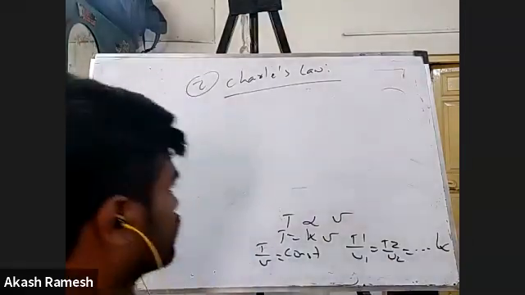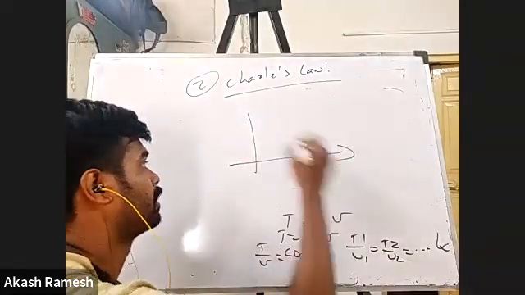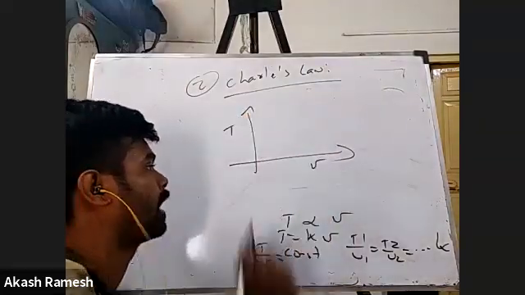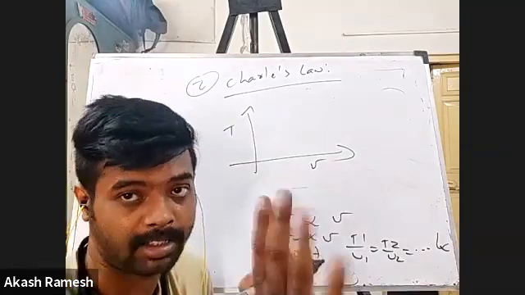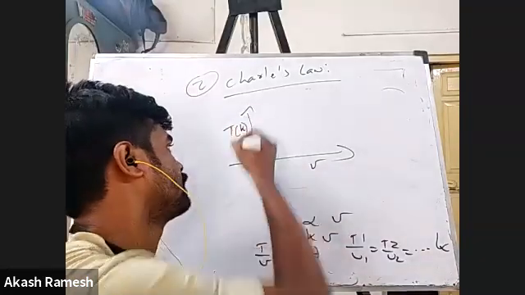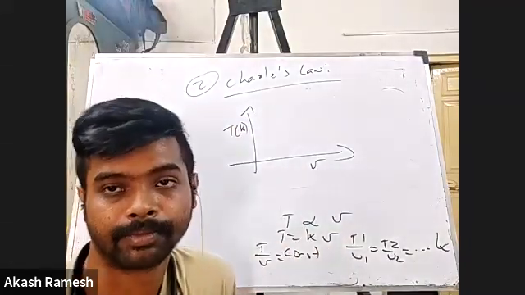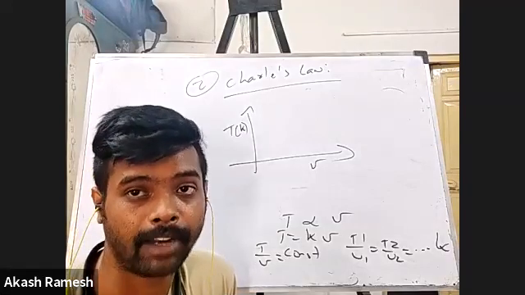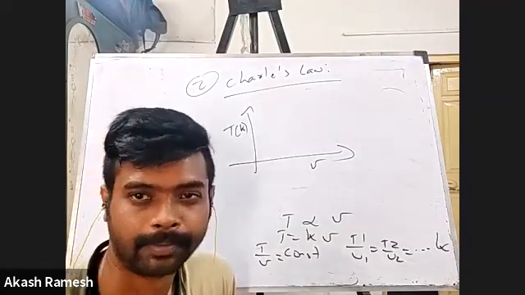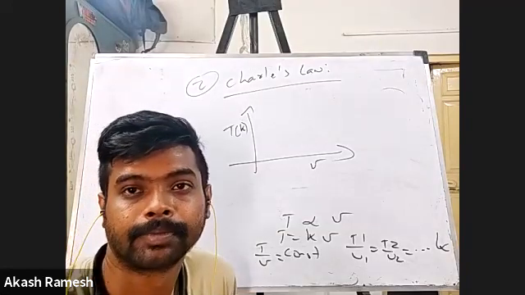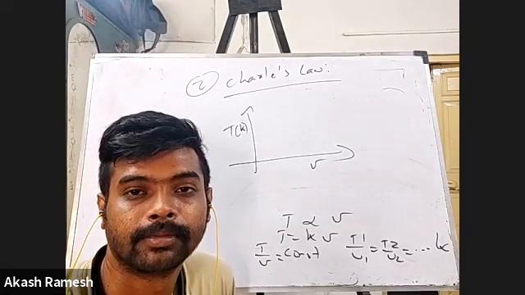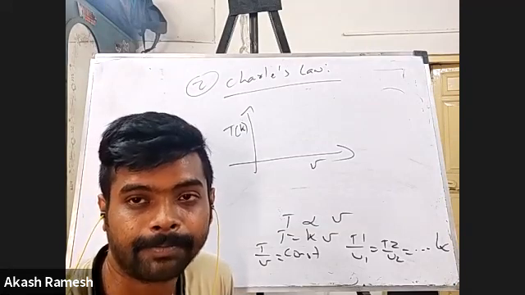Okay, so anyways, now we are going to plot a graph between temperature and volume. Please understand that the temperature is in Kelvin. Temperature is in Kelvin. Volume doesn't matter, right? Okay, how do you think the graph is going to be, people? How do you think the graph will be?